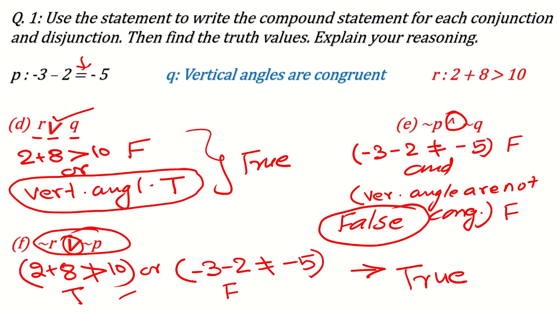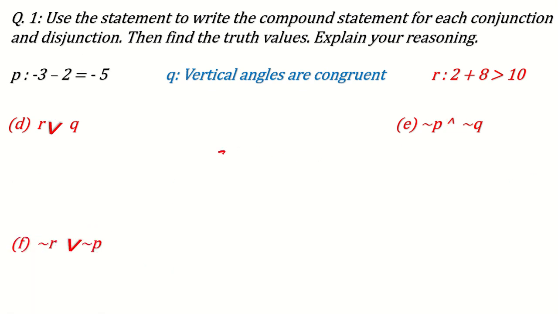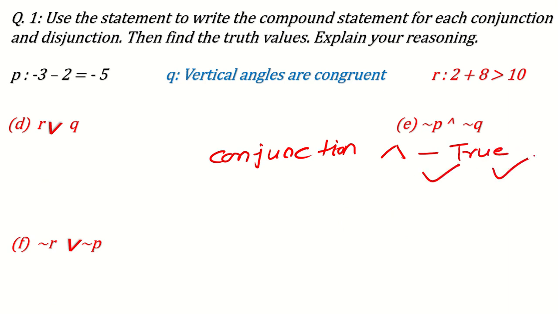So again, just to summarize, for the conjunction, okay, I'll erase it all, and I'm sure you have taken the screenshot of this. Okay. See, just as a revision, for the conjunction, you use and. Its truth value will be true when both statements are correct.